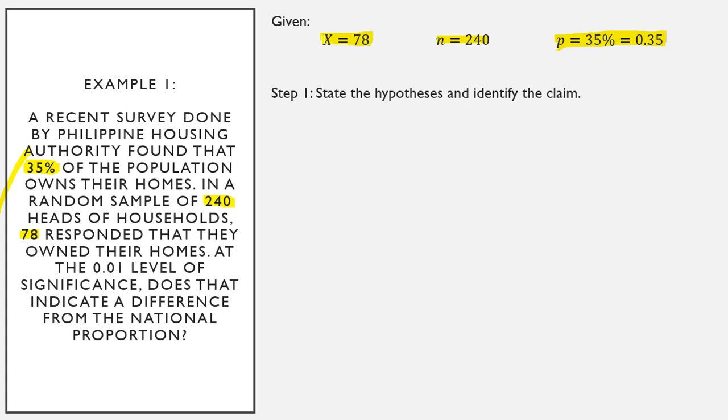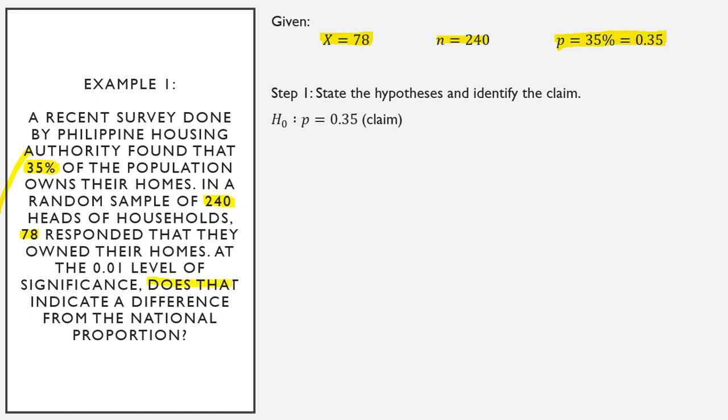On step number 1, we're just going to state the hypothesis and then we're going to identify the claim. Here, ang sabi dito, does that indicate a difference from the national proportion? So, ibig sabihin po niyan, ang kiniklaim po natin is yung null hypothesis. Kasi ito po yung pinakatanong, kung meron daw po bang difference.